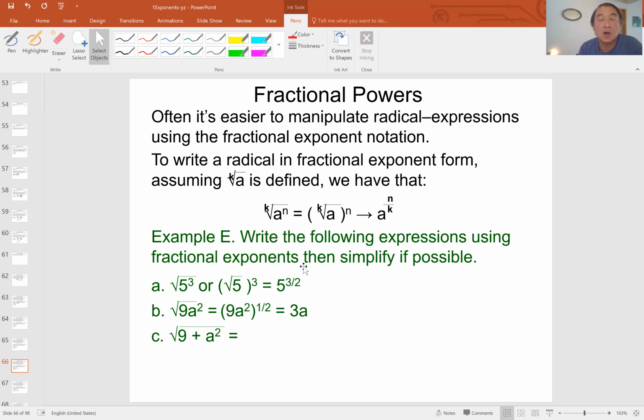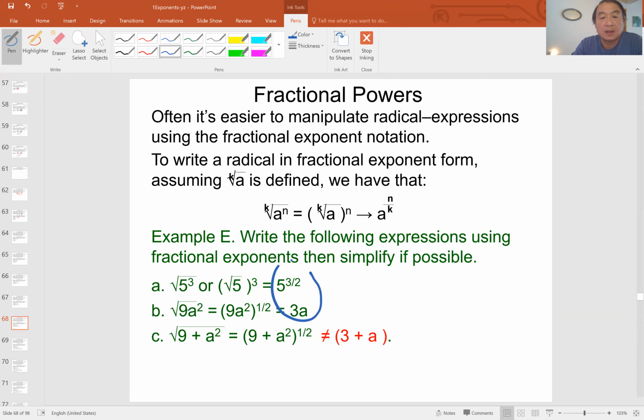And the square root of 9 plus a squared is the parentheses to have power, and we stop here. This is not 3 plus a. Again, these simplification rules apply when it's multiplication, 3 times a, but not 3 plus a.